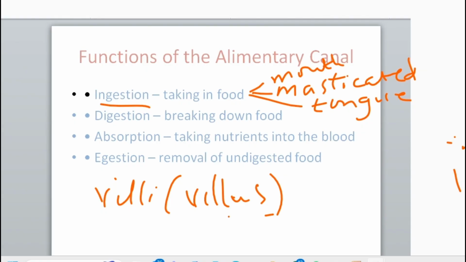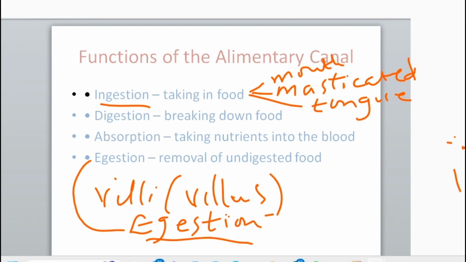Now, the next function of the alimentary canal is egestion. Egestion is the removal of undigested food substances. After digestion, which ends in the small intestine, usually in the ileum, the undigested food is moved to the large intestine, where it is gotten rid of through the anus.